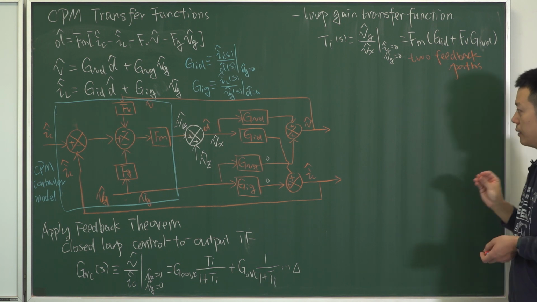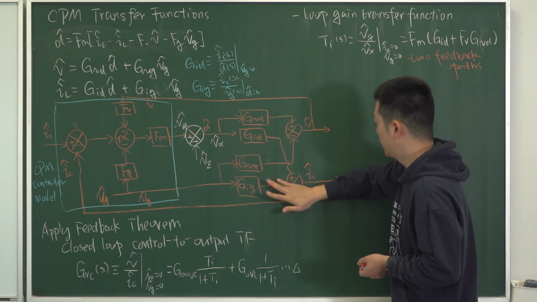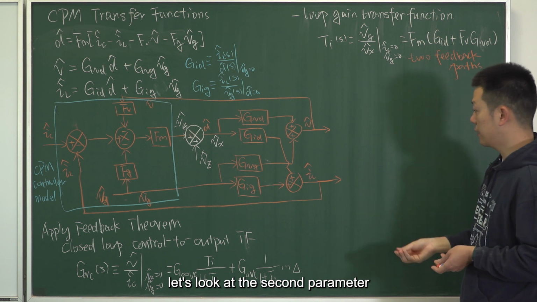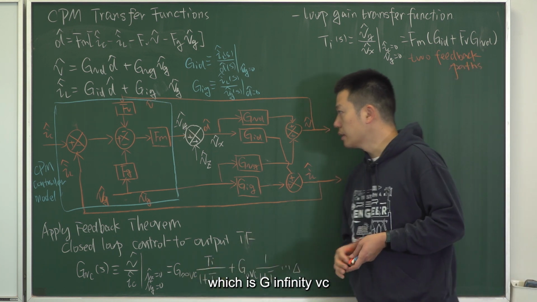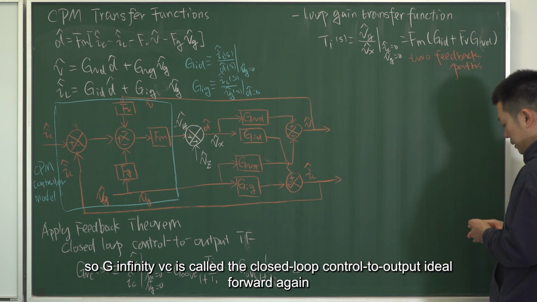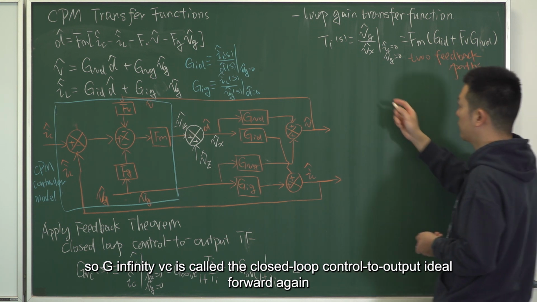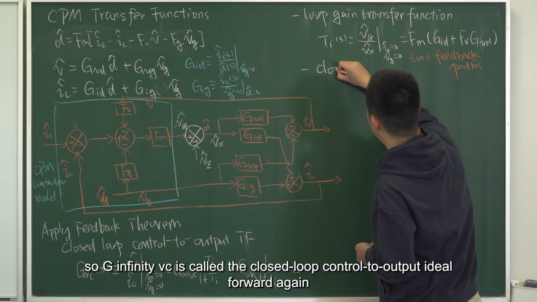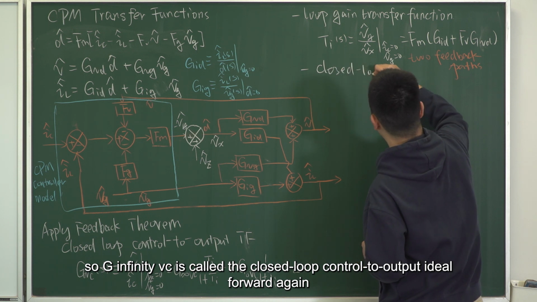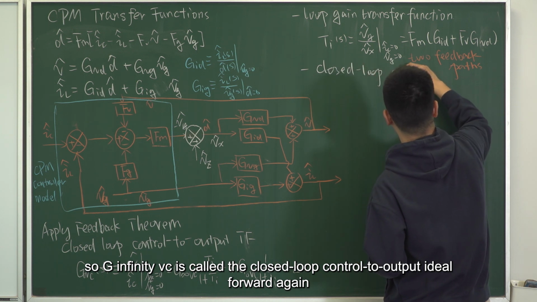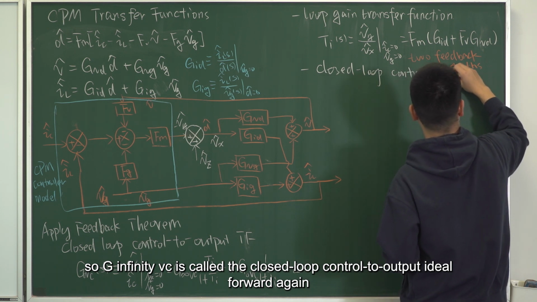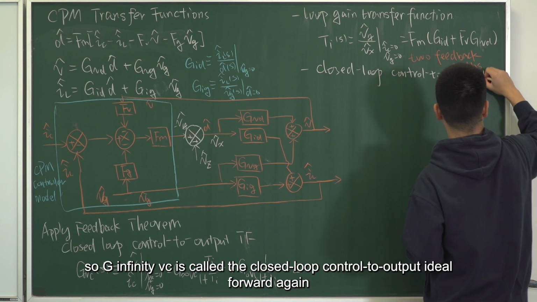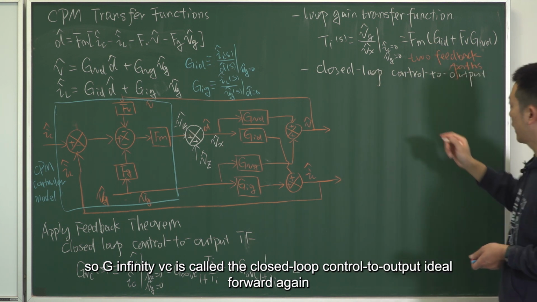Okay, next, let's look at the second parameter, which is G infinity Vc. G infinity Vc is called the closed loop control to output, the control to output ideal forward gain.